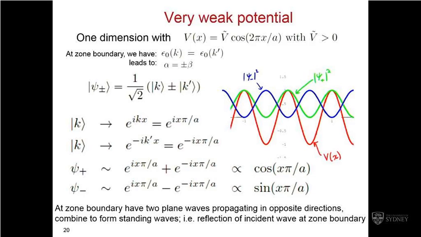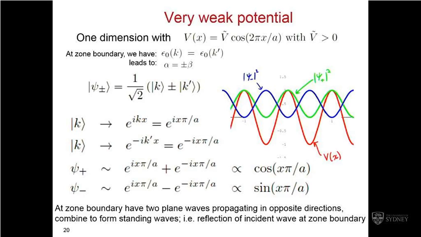So when we construct the plus wave function, we get this one plus this one, and when you expand that exponential, you find that that's just proportional to cos. And analogously, for the minus, we have this state minus this state, and we get a sine function.